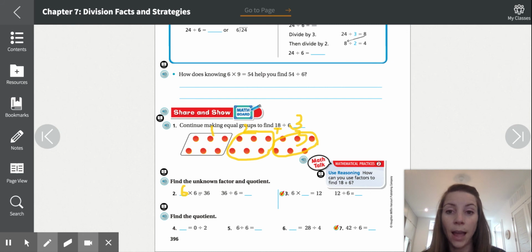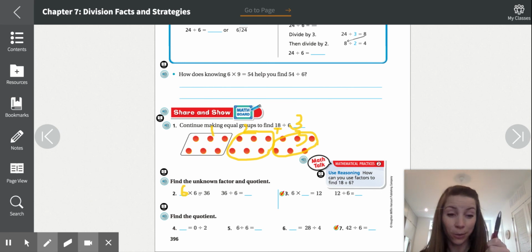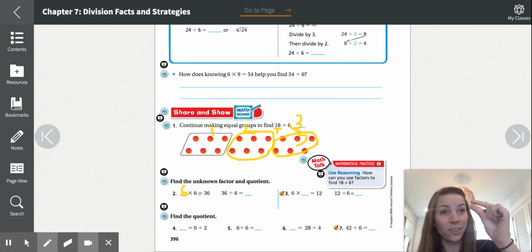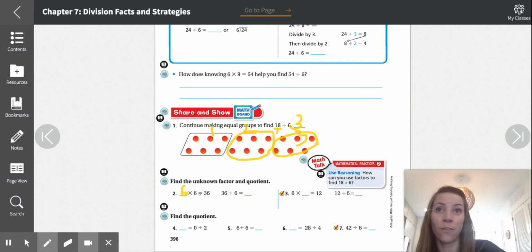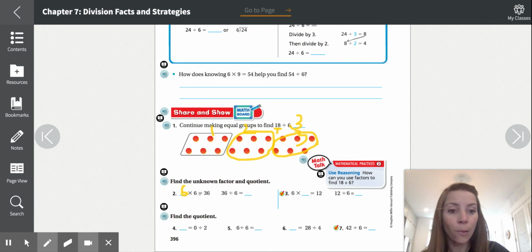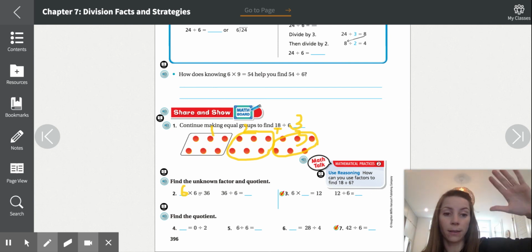I have some people who are very close to memorizing every single multiplication fact. Shout out to Paula. She's been doing extra math almost every day, and she's this close. I think she has 5 facts left that she hasn't done yet, so that's awesome. She's almost done mastering all of her facts, and I have about 8 people who are at 55 of their mastery score or above, which is excellent.